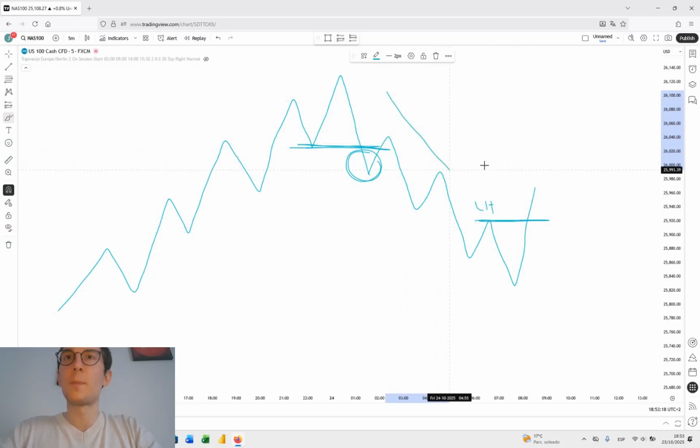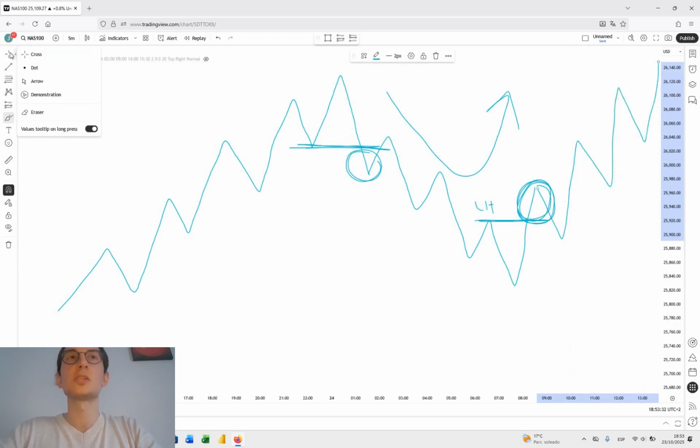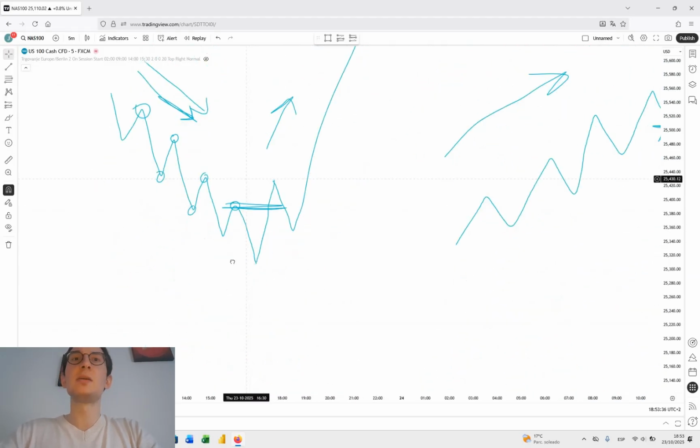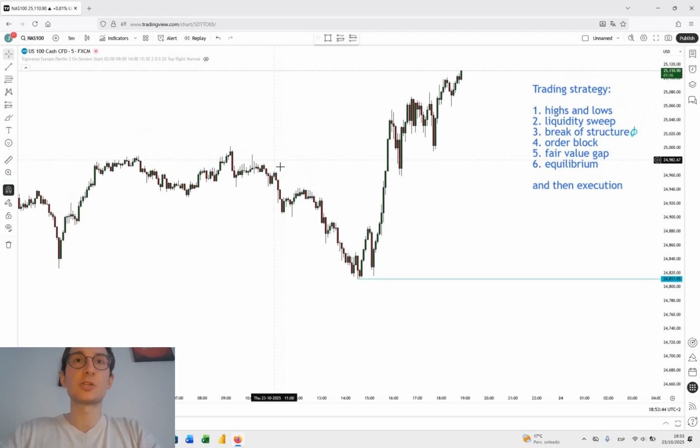We now have the potential to go into the bullish one, and so on and so on. You understand what I mean? Basically, when we break structure, we start the potential move in the opposite direction.